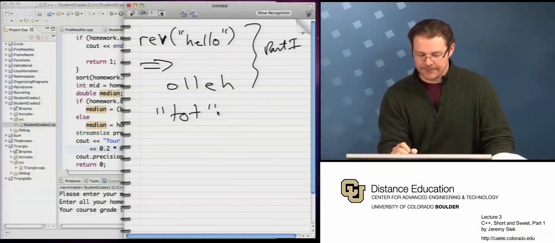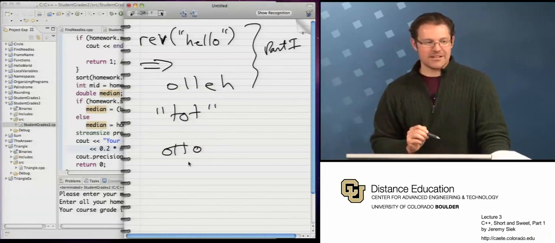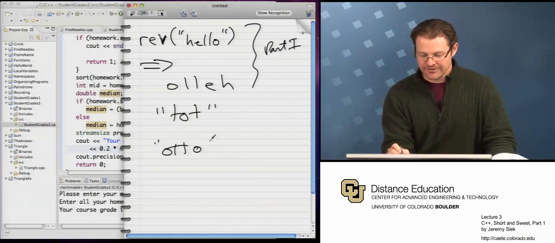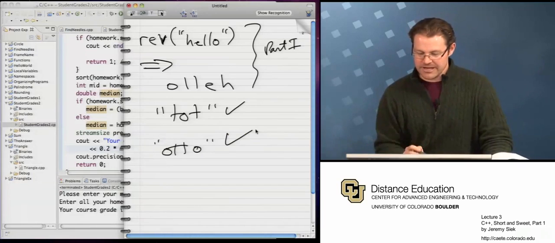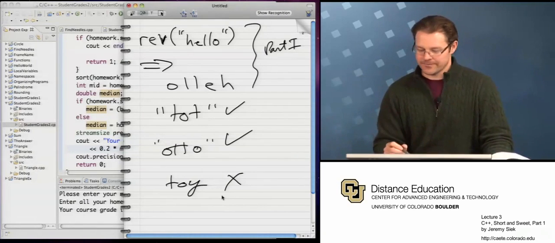Or how about auto, O-T-T-O? That would be another palindrome. Those you'd want to return yes for, but if it was toy, that's not a palindrome.